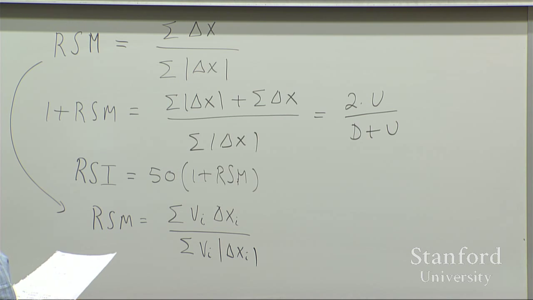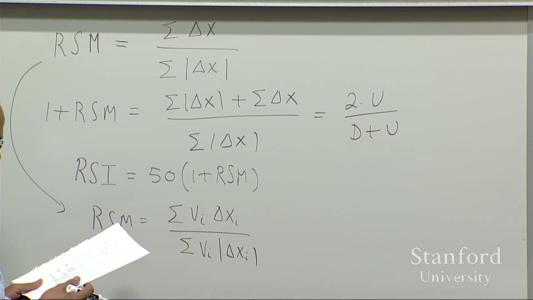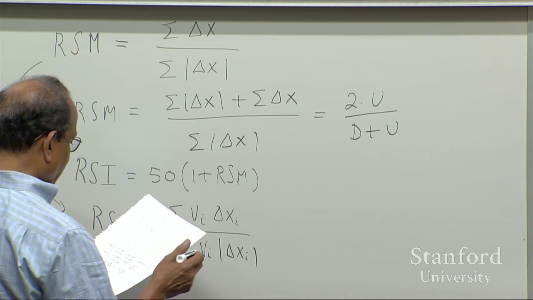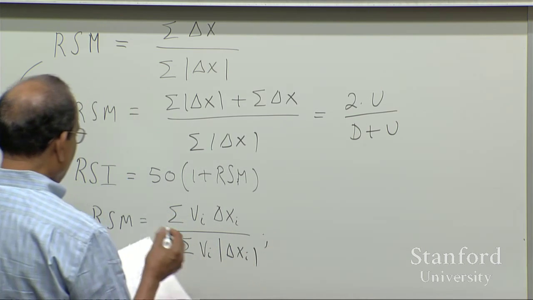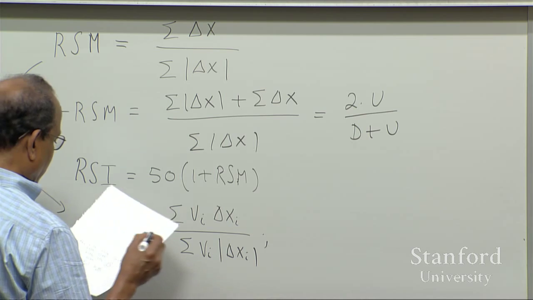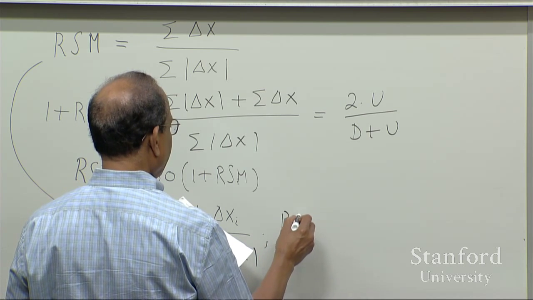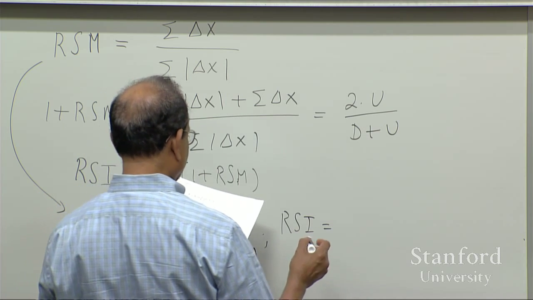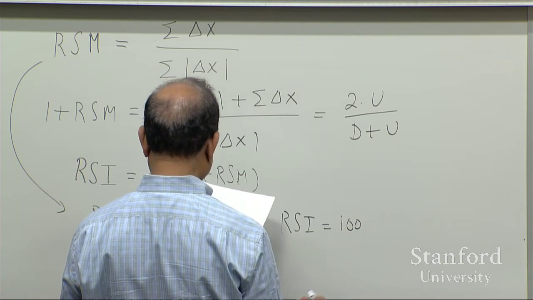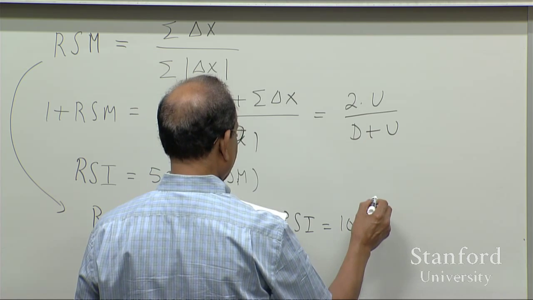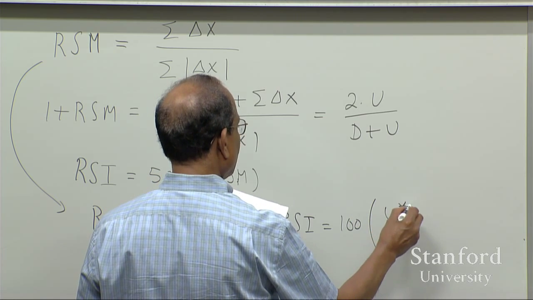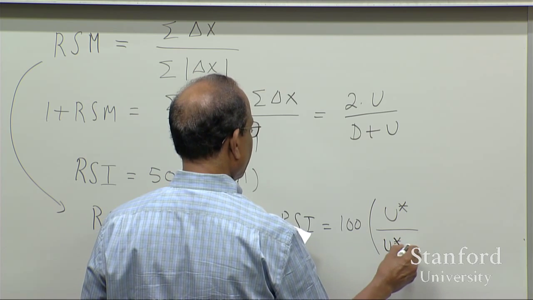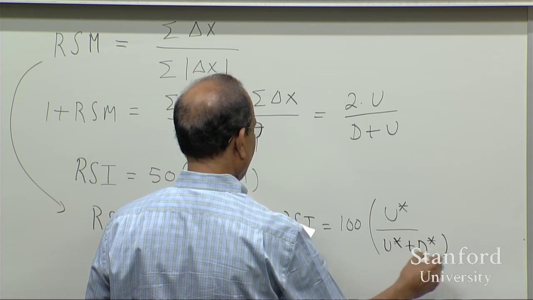So you can go through the same calculations and define some sort of RSI index here. So they call it RSM star. You can define the RSI index, which is given as 100 times, I think you could define this as u star divided by u star plus d star. Okay.